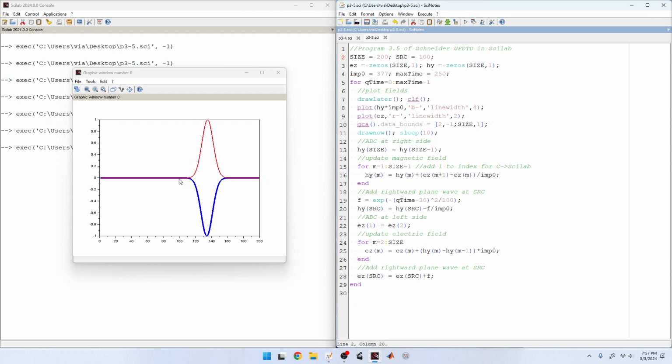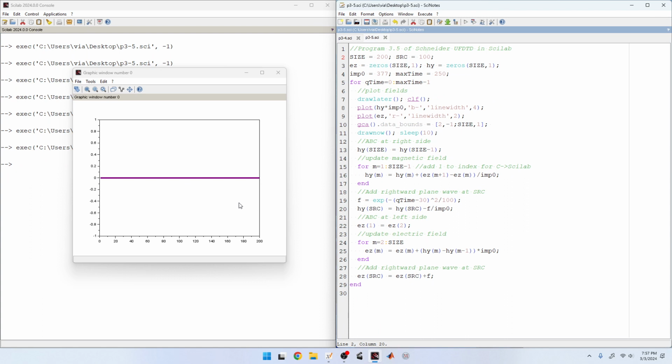The terminology is, see here, the incident field is only in this region in the right half of this domain. So any fields that would be in the left half would have to be scattered fields, fields that then interacted with this incident field and created a scattered field that then propagated toward the left. So we call this, to the right here, a total field region. It has both an incident and any scattered fields.